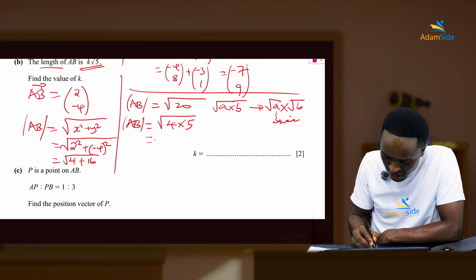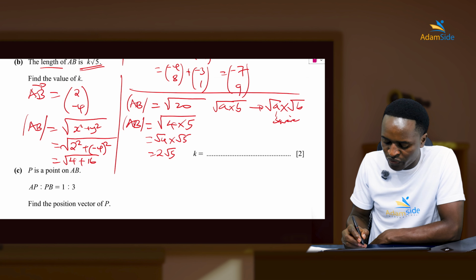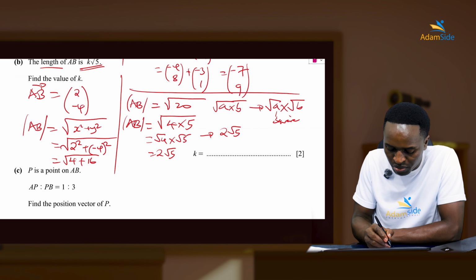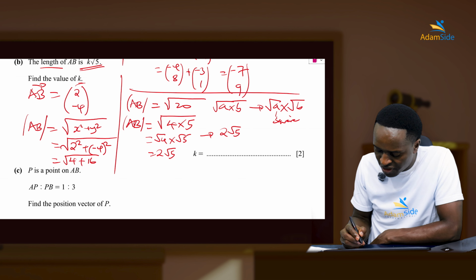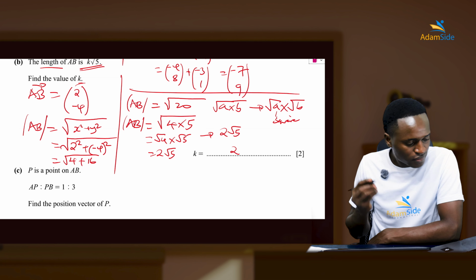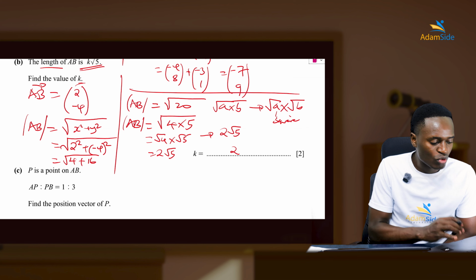Root 4 times root 5, and root 5 is an irrational number, so you get 2 root 5. Your answer is 2 root 5. k is the coefficient, so k is 2. That becomes your answer.